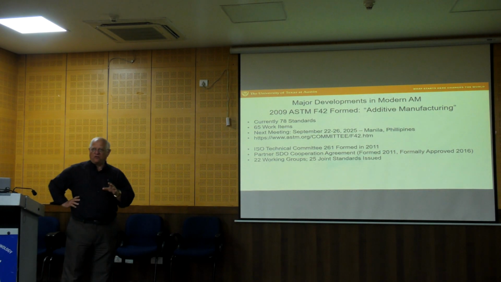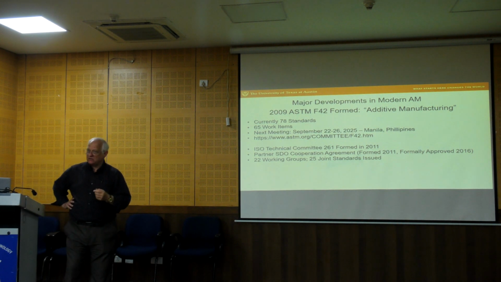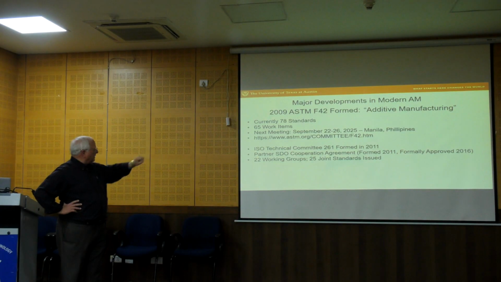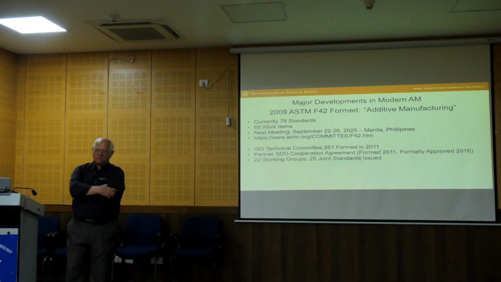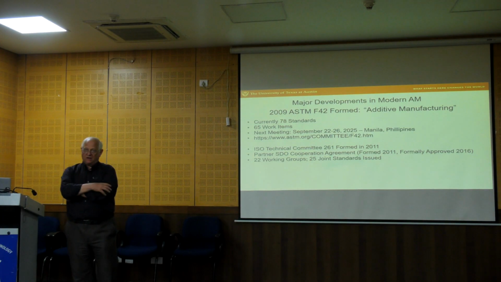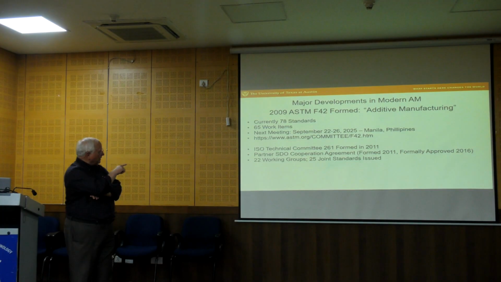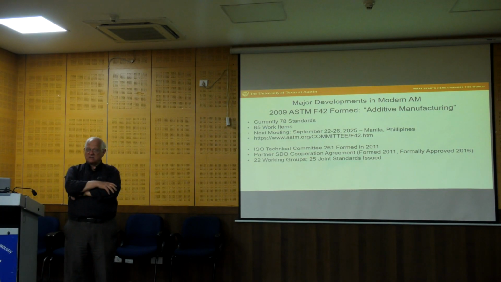One of the things that was very important in the development of additive manufacturing standards was this collaborative agreement that we started talking about in 2011, right after TC261 was formed, but it was not formally approved until 2016.